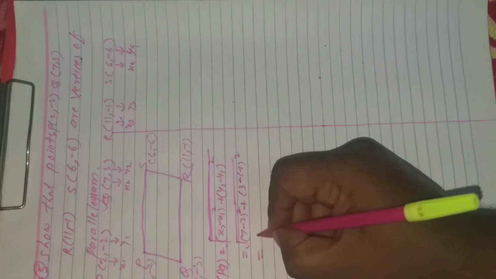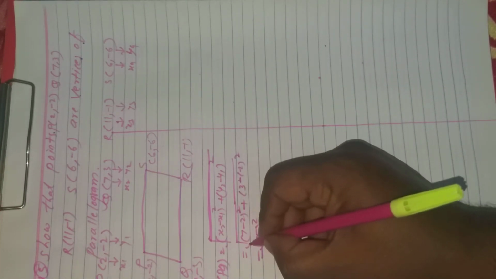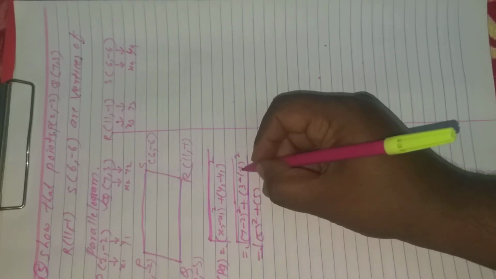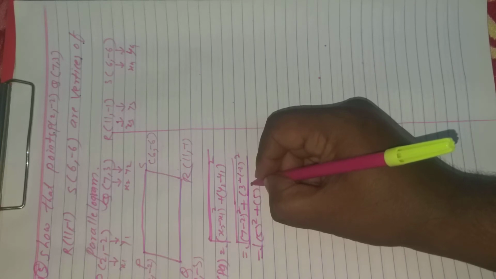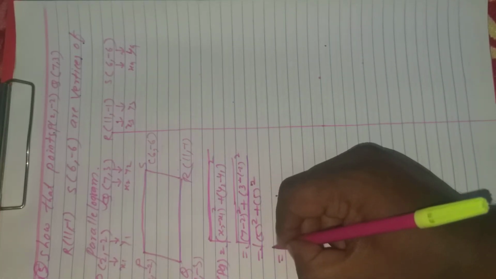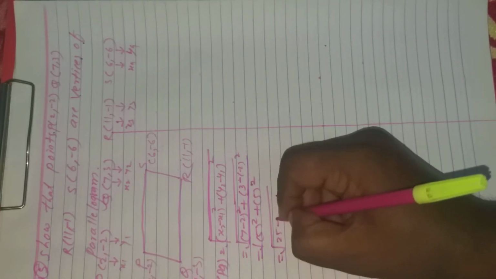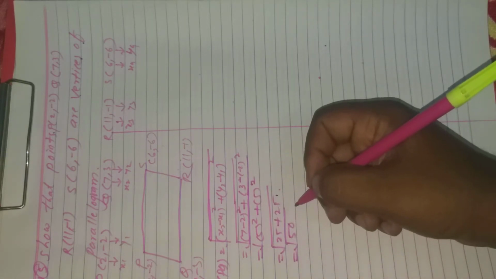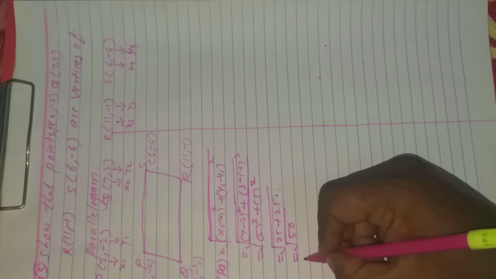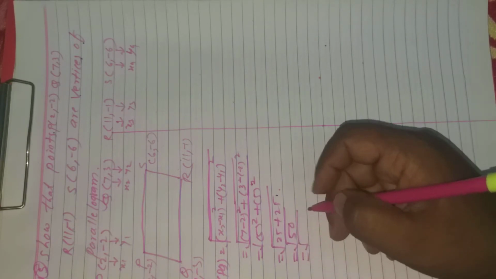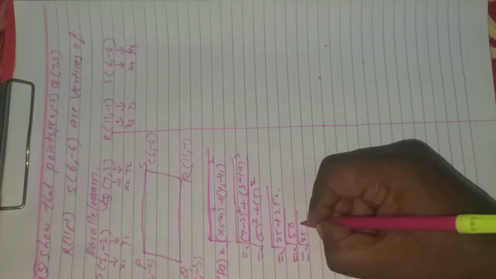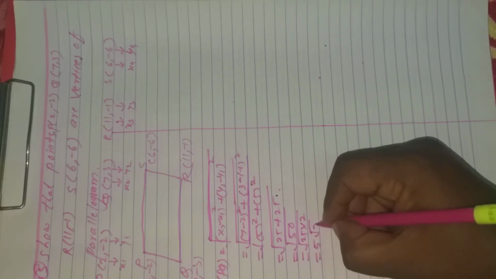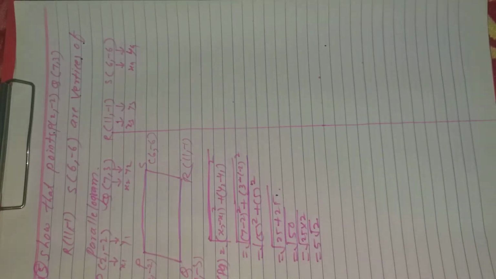So 7 minus 2 becomes 5 square, and minus becomes plus, 3 plus 2 is 5 square, that is 25 plus 25, it will become 50. So we have to make the factors of 50, one of them should be a perfect square, 25 into 2. So 25 will become 5 under root 2. This is the distance of PQ.